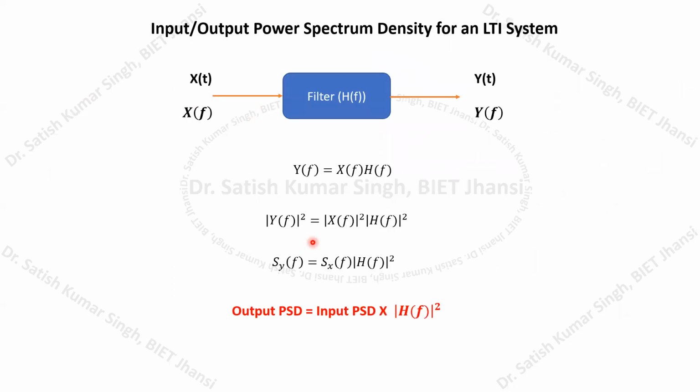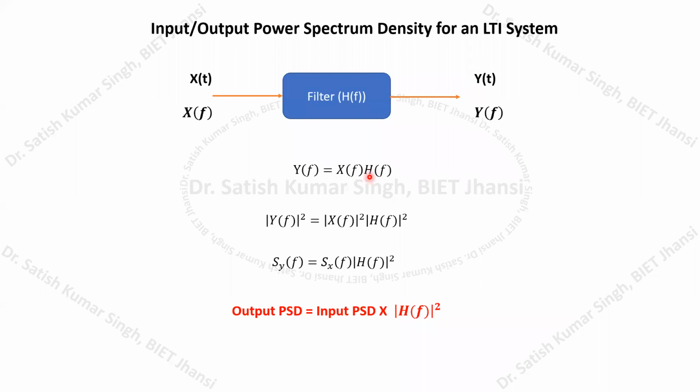Again I have the same question. Suppose we have a signal or random process xt with Fourier transform X(f), passed through a filter H(f). The output random process is yt, with Fourier transform Y(f). If we know the power spectral density at the input side, what will be the power spectral density of the random process yt?